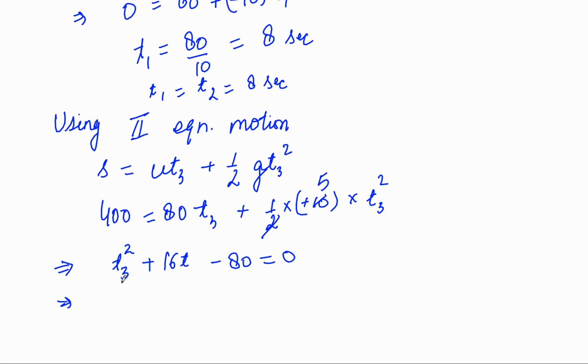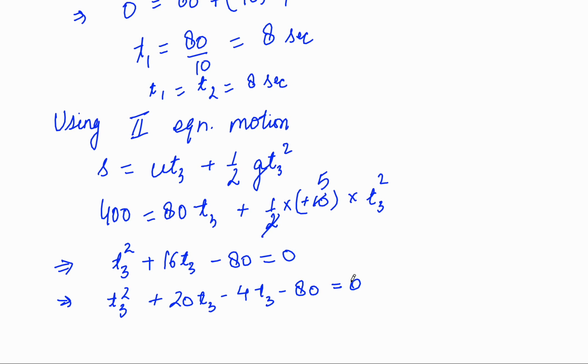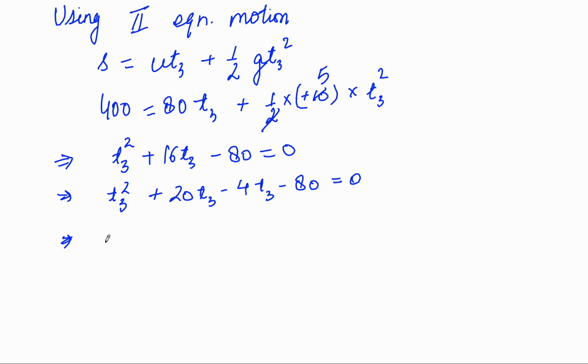Okay, now since I told you this has become a quadratic equation, let's solve this equation. So I can break this 16 T3 into two numbers, which is 20 T3 minus 4 T3 minus 80. Let's take the common and then find out the value of T3. Taking T3 as common, T3 plus 20.